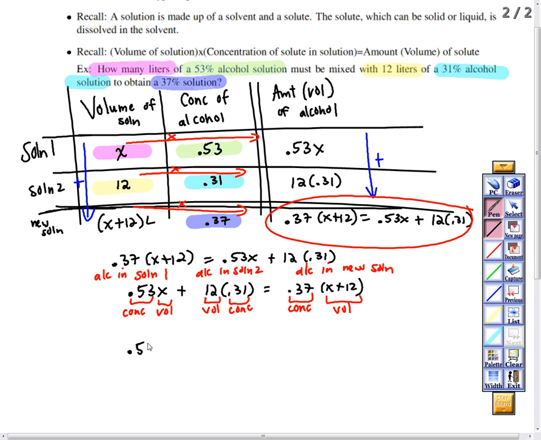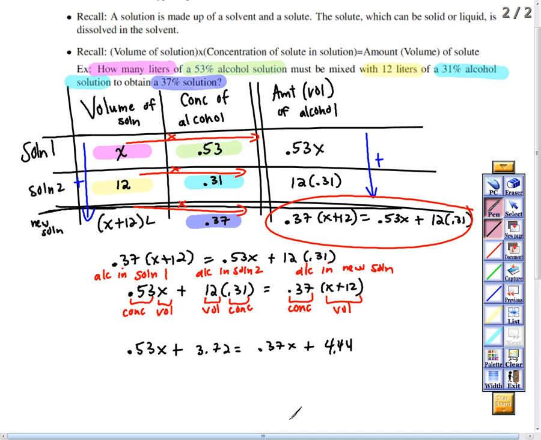I get 0.53x plus, what is 12 times 0.31? 3.72, equals, and then I have 0.37, I'm distributing, plus 12 times 0.37, which is 4.44. I'm going to solve for x.